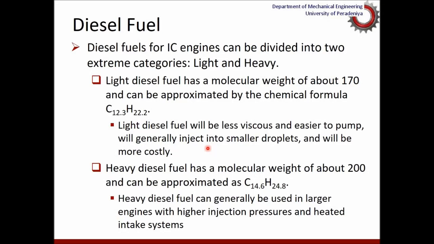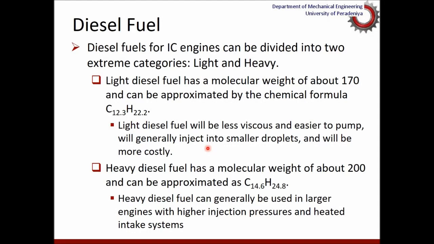The light diesel fuel is the one that we use in most automobile engines, where you have a lower viscosity, and as a result, the pumping of diesel is easier with light diesel, and you can make them into small droplets through the injector, so that it can be easily used for automobile type applications.